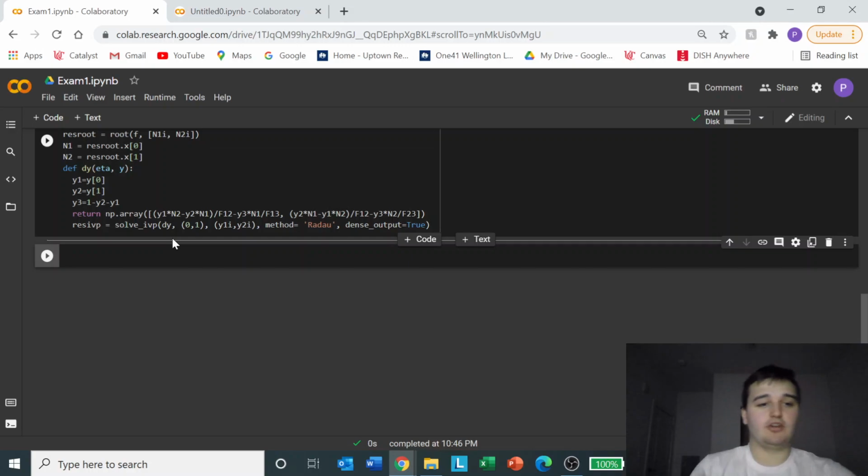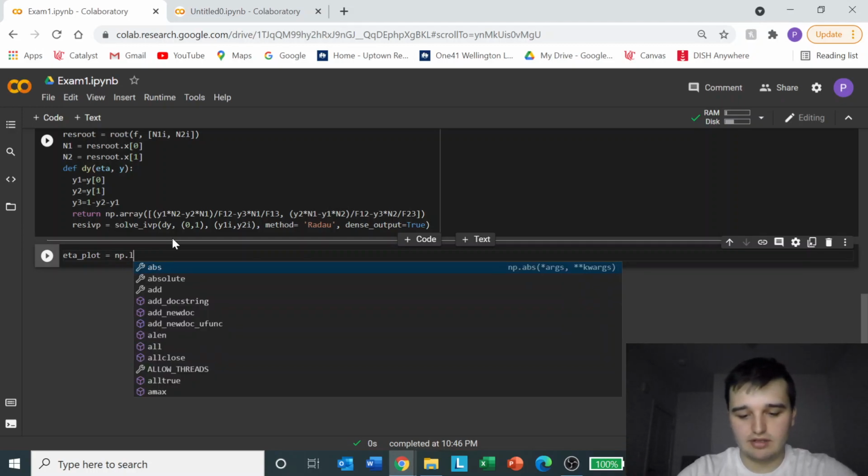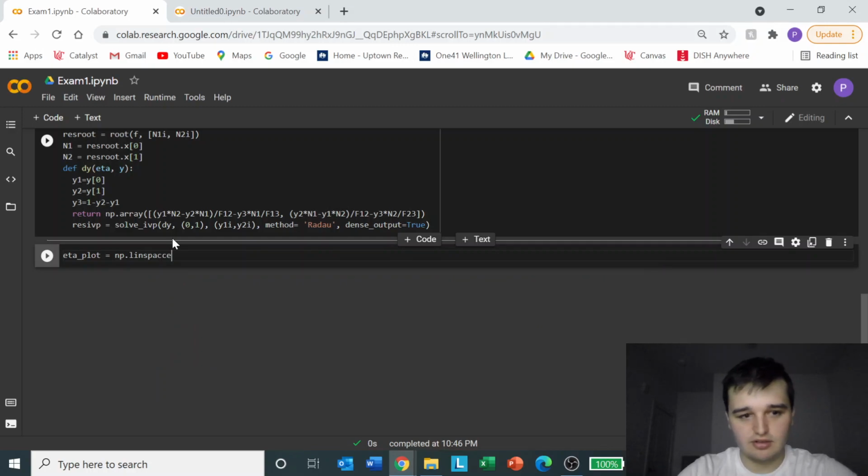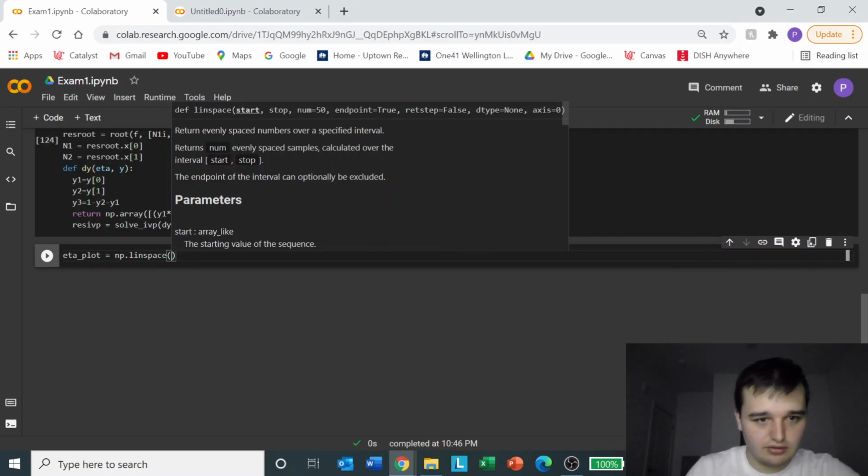Anyway, so now we want to graph these results that we have. So we want to create data points to calculate those values. So let's make a plot, and then we're going to use a function from numerical Python called linspace that creates points equally spaced, returning evenly spaced numbers over a specified interval.